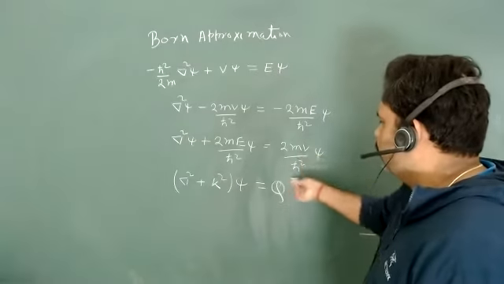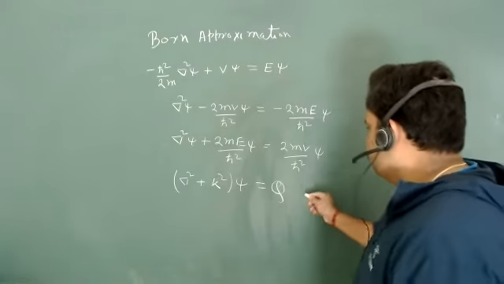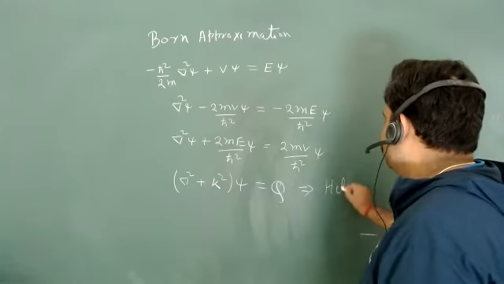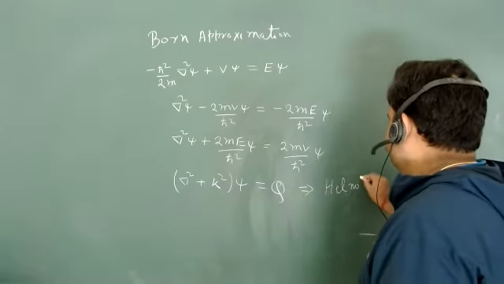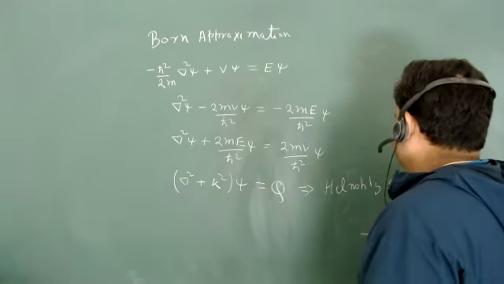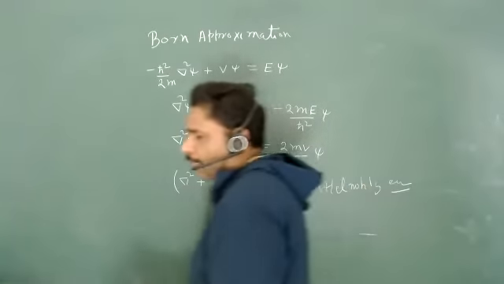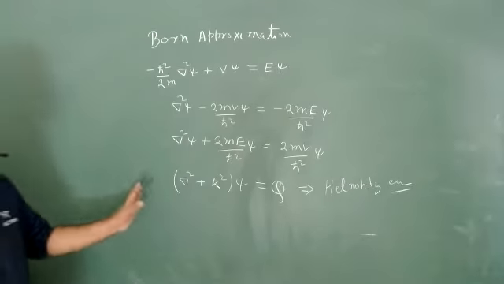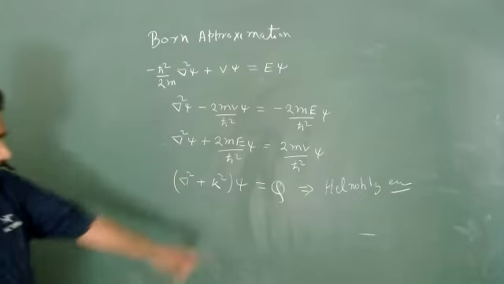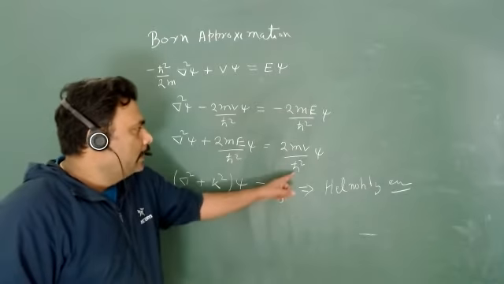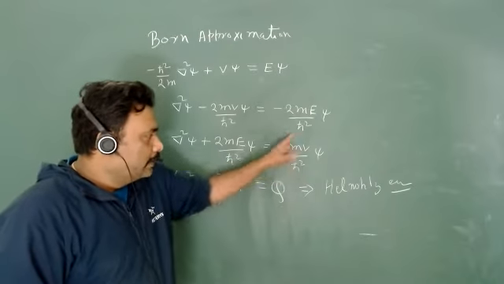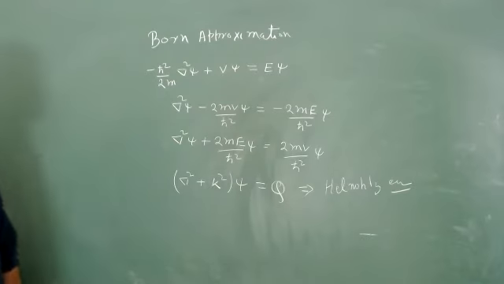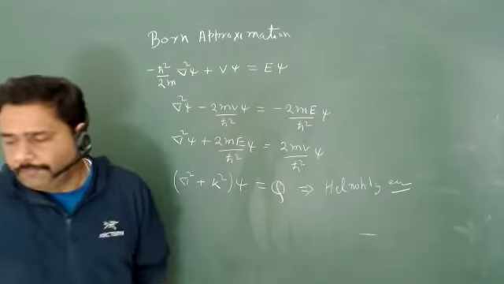This equation is a very famous equation known as the Helmholtz equation. Our real challenge is to solve this equation. In general, it is very difficult to solve. And please remember Q has 2mV upon h cut square psi, so psi is there. So this is actually an inhomogeneous equation, not homogeneous.